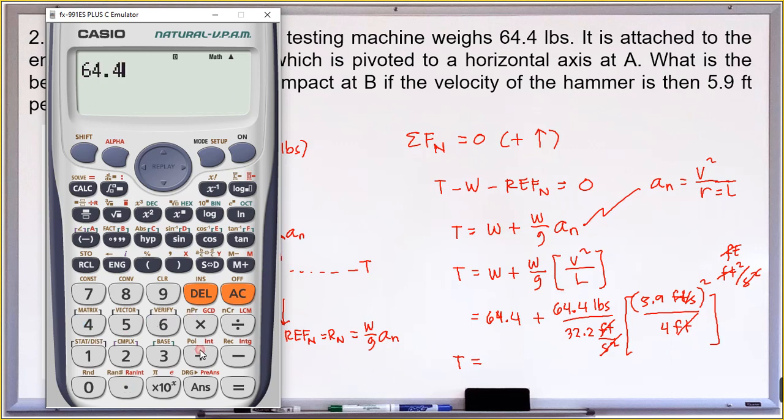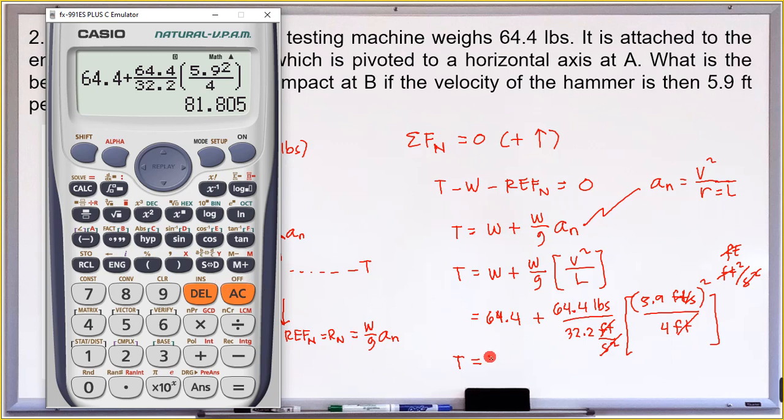So 64.4 plus 64.4 divided by the acceleration due to gravity 32.2 times 5.9 square divided by the length of 4 feet. So the answer is 81.8.